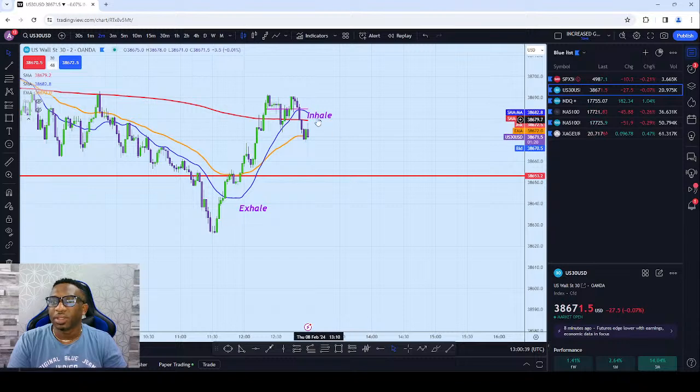If it gives a downward trend, after it pushed below this 20 moving average and the 200, this is the candle that we could take a sell on. We could take a sell on here once it breaks below this last green candle.